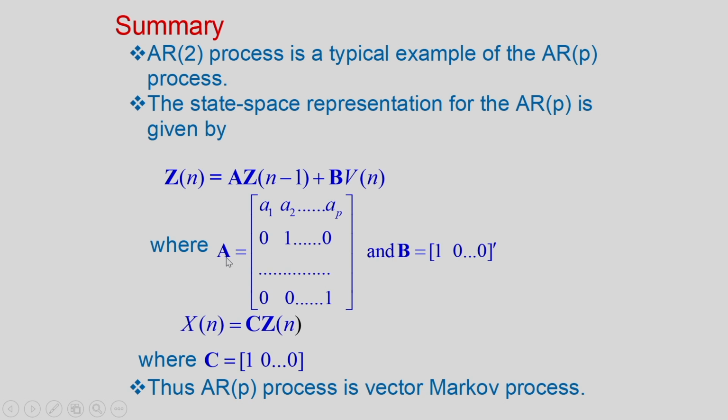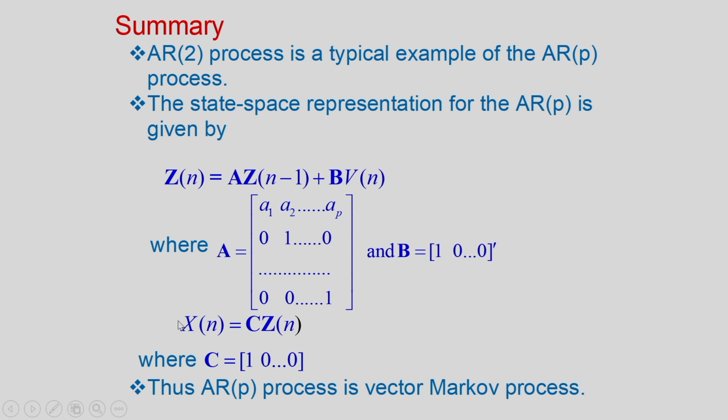So, this is the A matrix. Similarly, the B matrix we can find out: B equal to [1 0 0 up to 0] transpose. So, this way we can write Z[n] is equal to A Z[n minus 1] plus B V[n]. This is the state equation.